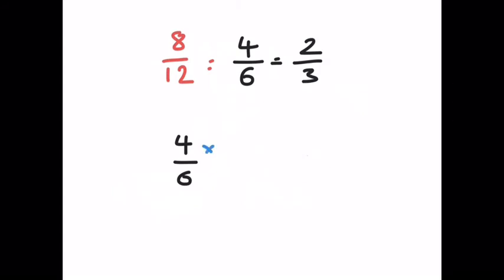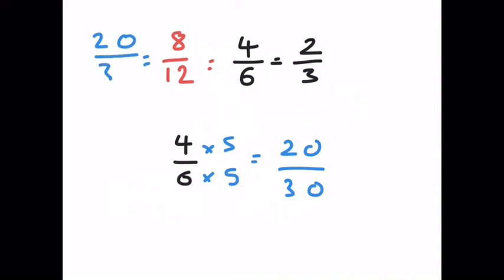Let's do a different one. Let's times it by 5 instead. So this time we've got 20/30, which again is the same as or equivalent to 8/12, 4/6 or 2/3. So that's two ways you can find an equivalent fraction, by simplifying and by multiplying.